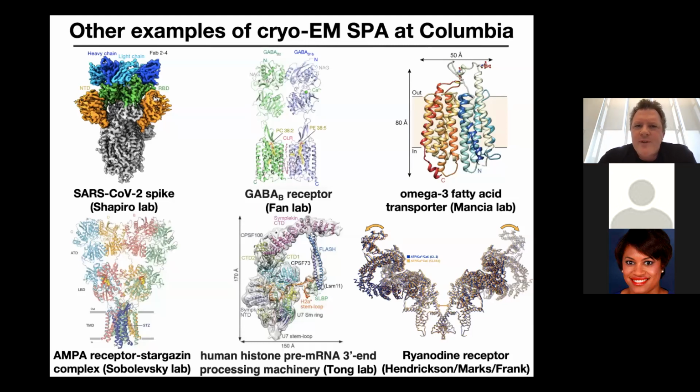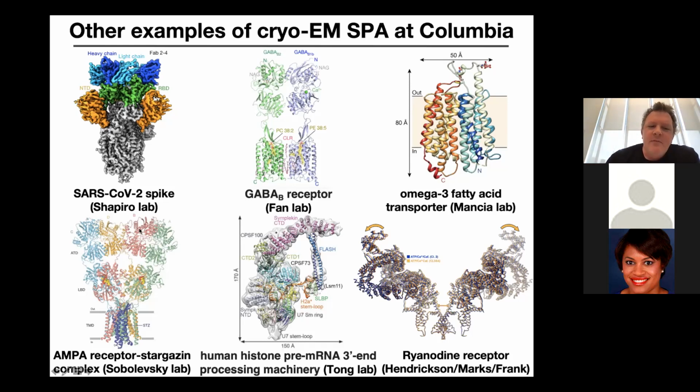Some other examples of some very exciting work done using the Cryo-EM core here at Columbia are shown on this slide. So the Shapiro lab has done very important work with Dr. David Ho on COVID and the spike protein. The GABA B receptor by Dr. Ching Fan's group solved this very important receptor. Also, Dr. Mancha with most recently an omega-3 transporter.